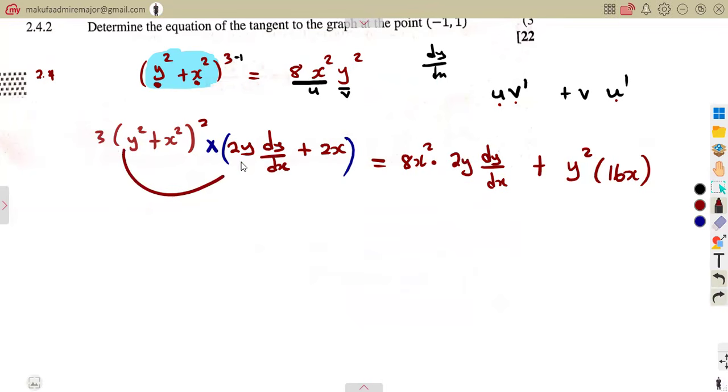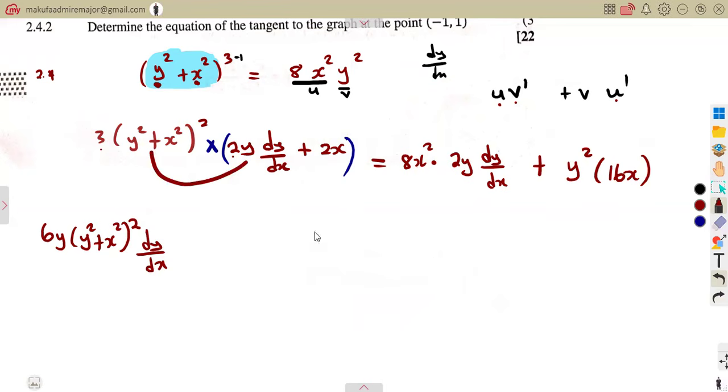So this bracket multiplies the first term, that is 2 times 3, it's going to be 6y into the bracket of y squared plus x squared, like this, but there is a dy dx. Okay, so this part multiplied here, it also multiplies here.